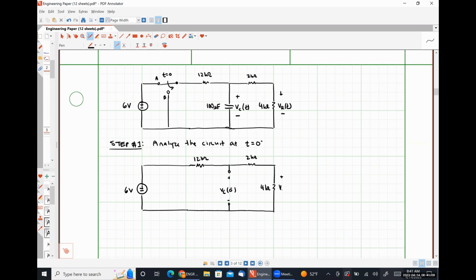Here is VR at 0 minus. And just for the sake of argument, I'll draw this open circuited thing here that actually isn't doing anything.